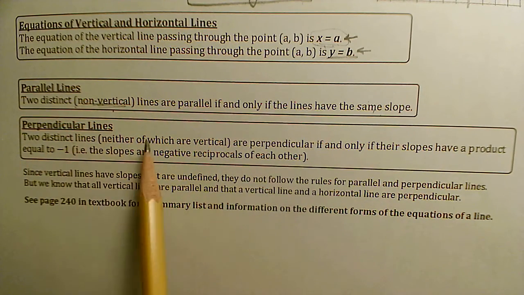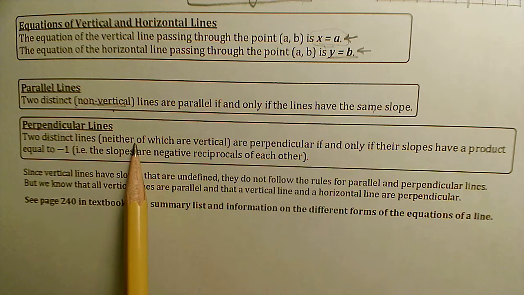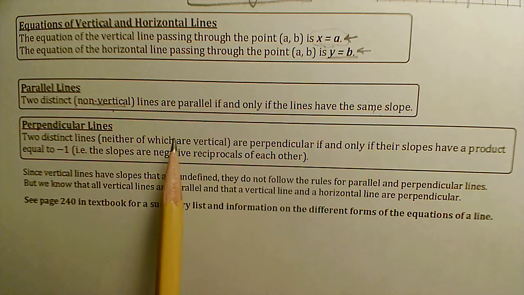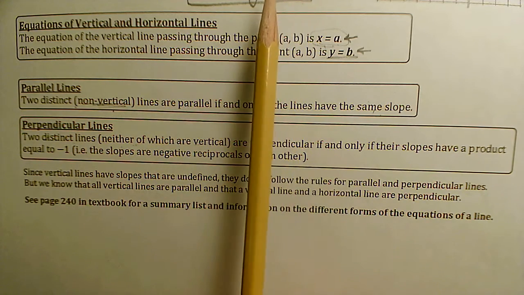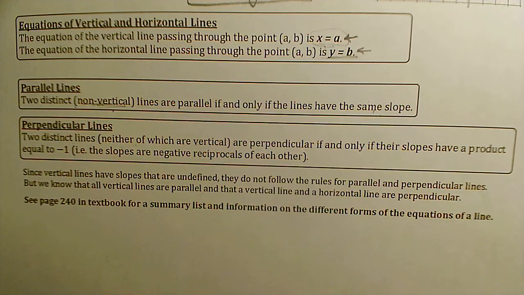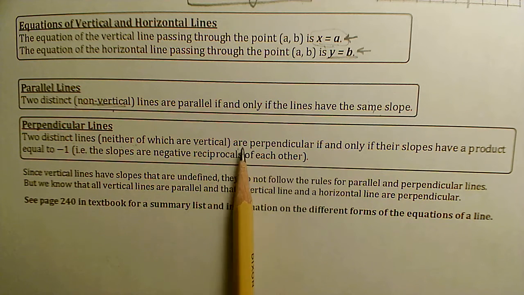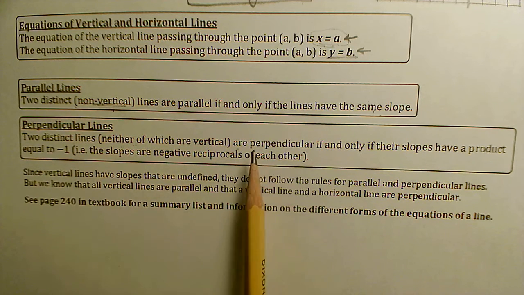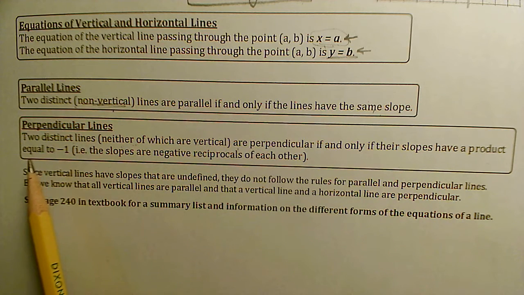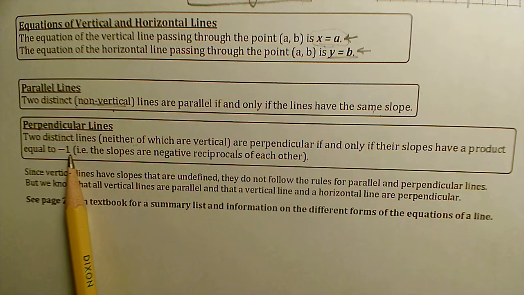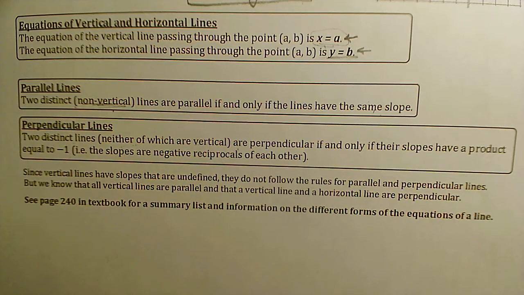And then perpendicular lines, they're going to have slopes that are negative reciprocals of each other. So two distinct lines. We're not talking about things that are either vertical or horizontal, right? Because then the slope is undefined, so we can't take the negative reciprocal of a 0. If they're perpendicular, then we know the product is equal to -1, so that just means they're negative reciprocals.